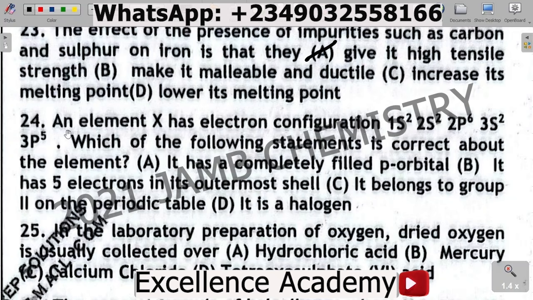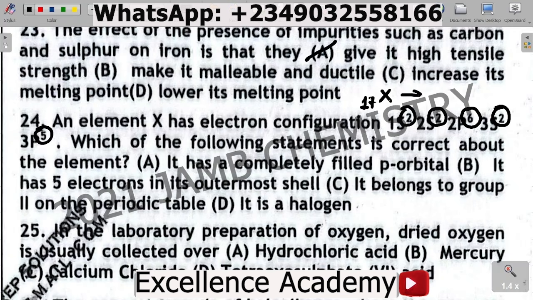Now, for this element X, let's look at the atomic number. To get the atomic number, all we have to do is to count the numbers here. So this becomes 2 plus 2, that's 4. 4 plus 6 gives us 10. 10 plus 2 gives us 12. 12 plus 5 gives us 17. So in total, X has atomic number 17.